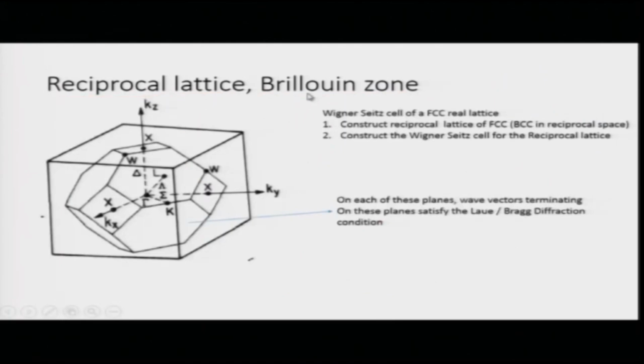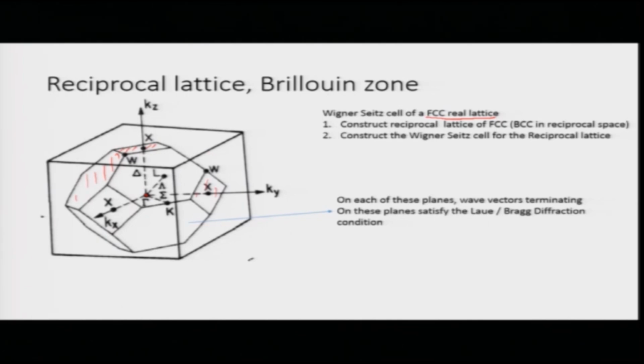step to define. Now, this is a more complicated Brillouin zone, the first Brillouin zone for an FCC lattice. So, if you take an FCC real lattice, you can construct the reciprocal lattice of the FCC, which is a BCC lattice, and then once you construct the BCC lattice, this is your body centered point, and then you can construct the Wigner-Seitz cell. From each of the body centered points you can connect, and these are the planes which are perpendicular to the nearest neighbor reciprocal lattice vectors, and then you get this surface which is the Wigner-Seitz cell in the reciprocal lattice.